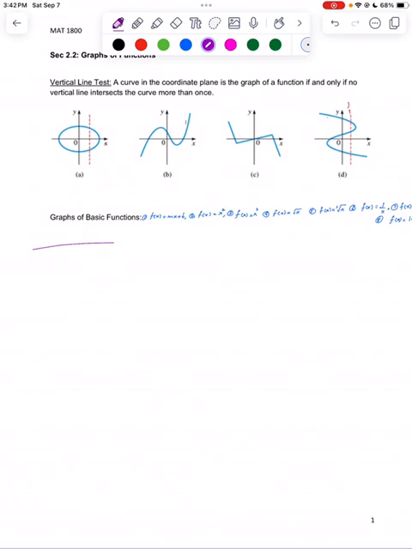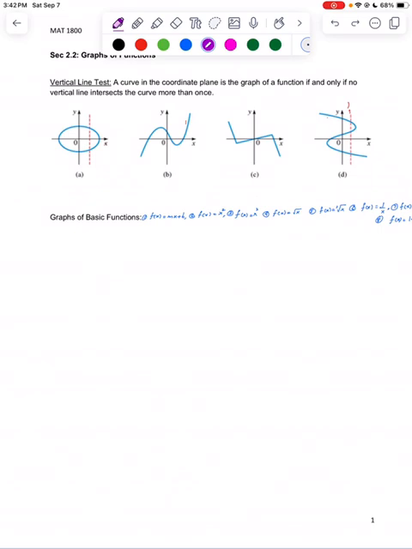But if it is 1 or less than 1, which means 1 or 0, so it crosses the function at 0 points, meaning it does not cross the function, or it crosses the function at 1 point, then it will be a graph of a function. In other words, the graph represents a function.